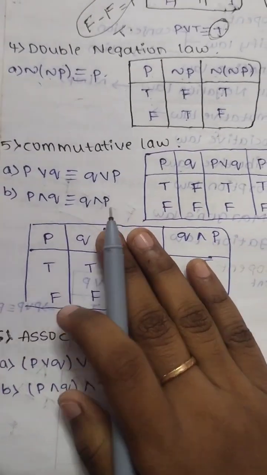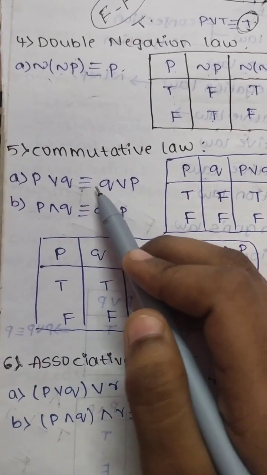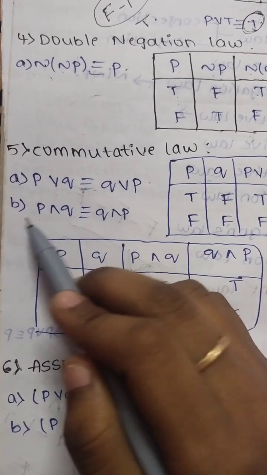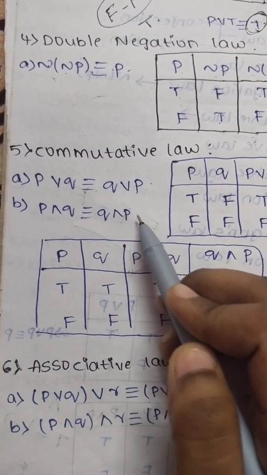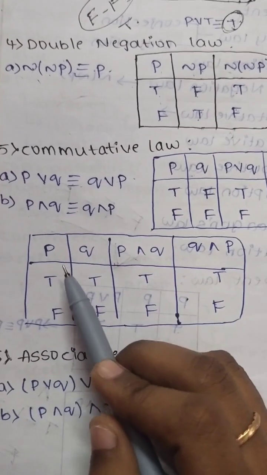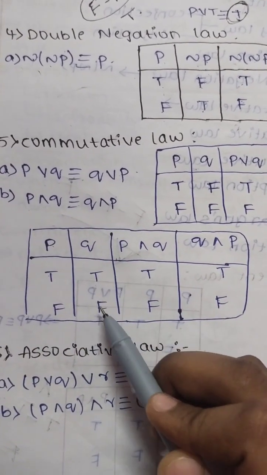So commutative law. Commutative law is again two properties: P or Q is equivalent to Q or P, and P and Q is equivalent to Q and P. So first one we are doing, see here, P true, false, Q true, false.